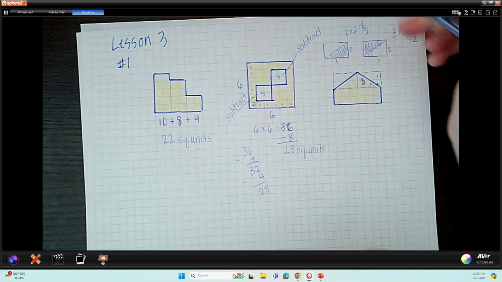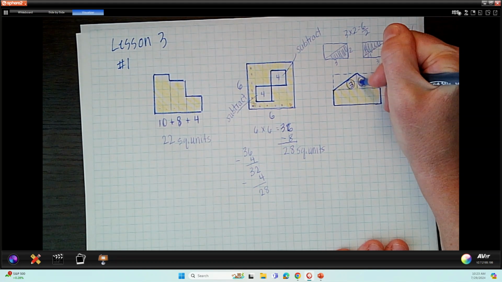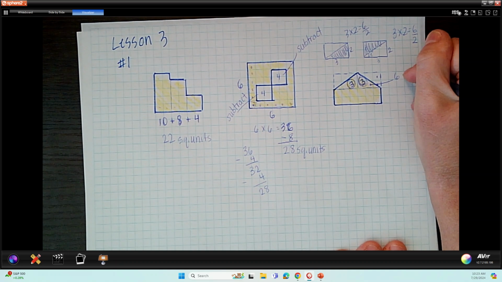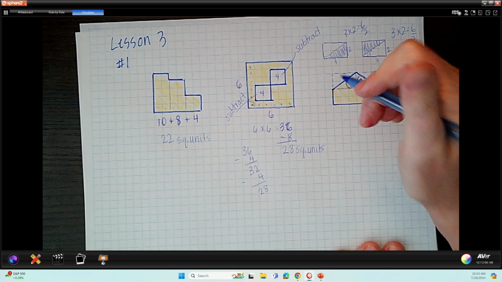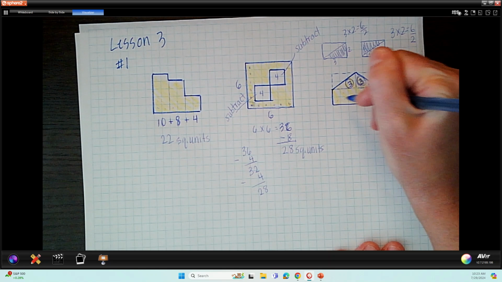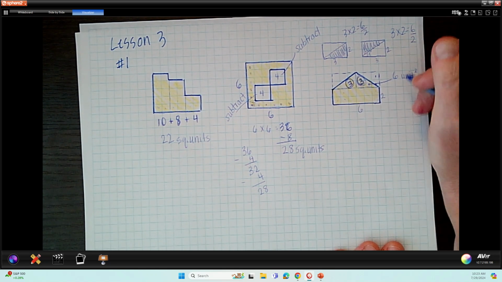Sorry, I actually did them wrong, but that's okay. So this was 3. 3 plus 3 is 6. So now I know the roof of the house is 6 square units. And the bottom is 1, 2, 3, 4, 5, 6, 7, 8, 9, 10, 11, 12. Or I could just count 1, 2, 3, 4, 5, 6 by 2, which is 12.